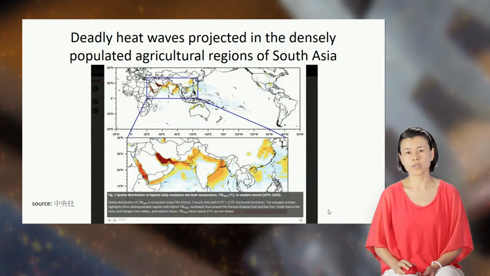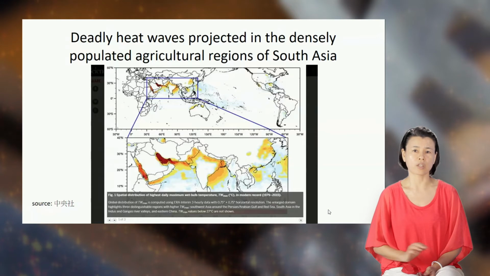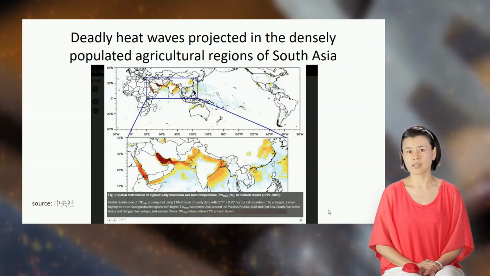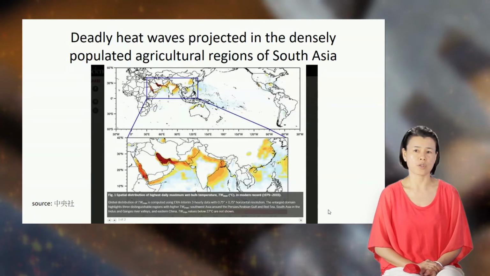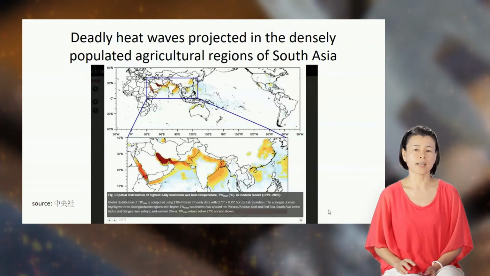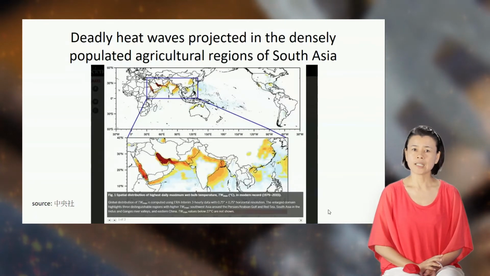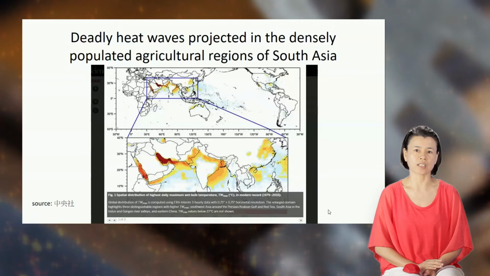This is a research result published on the 3rd of August, 2017, in Science Advances. Just a few days before I record this video. It's fresh new research data. It shows deadly heat waves projected in the densely populated agricultural regions of South Asia.